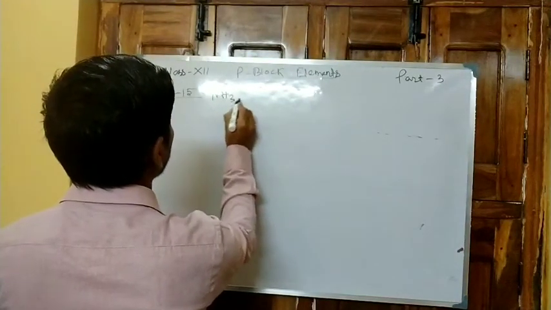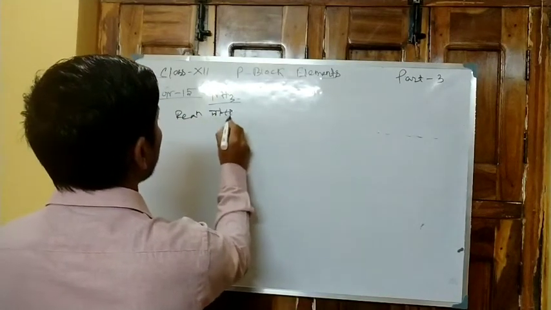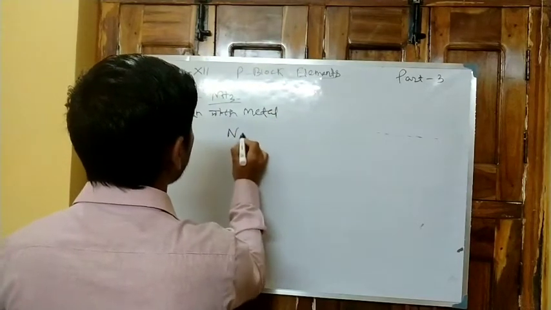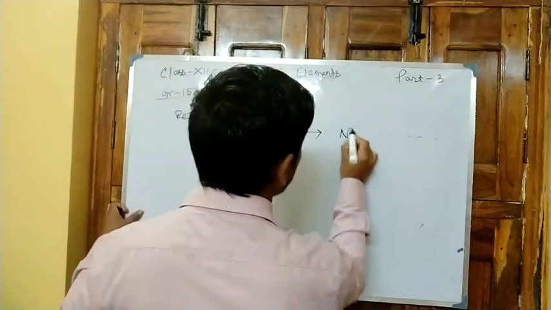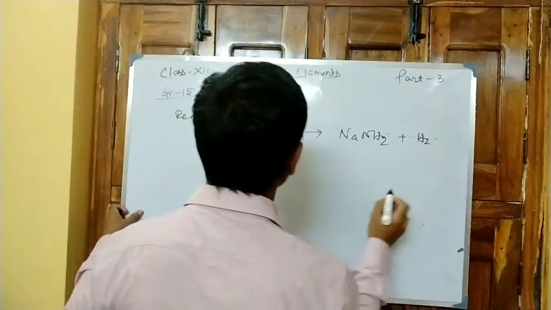Ammonia reaction with metal, that is sodium plus NH3 gives sodium amide or sodamide plus hydrogen.